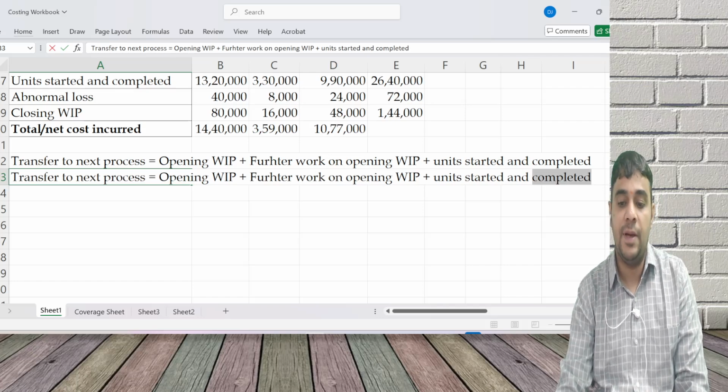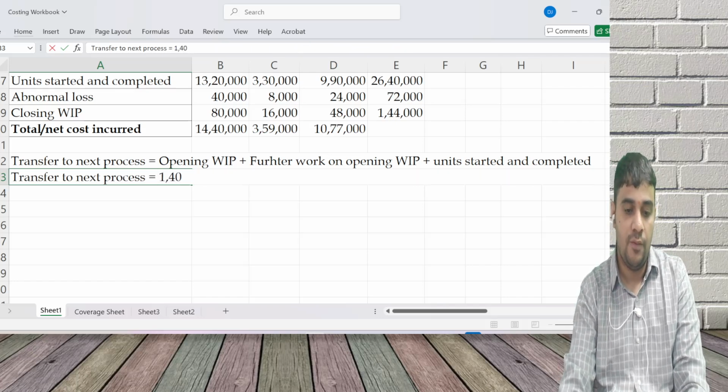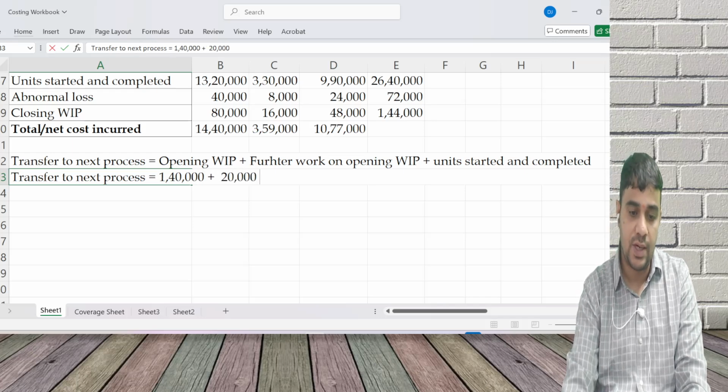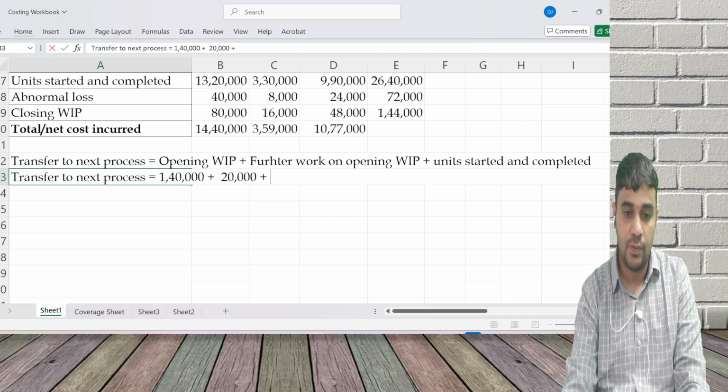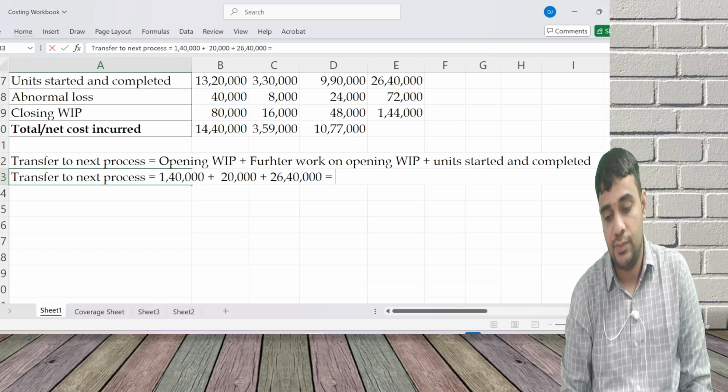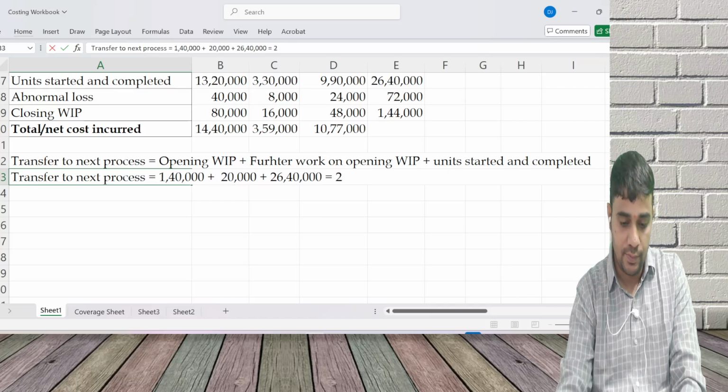This is the opening WIP given in the question. Further work on opening WIP which we have calculated. Units started and completed. Value 26 lakh 40,000. Overall total is how much?